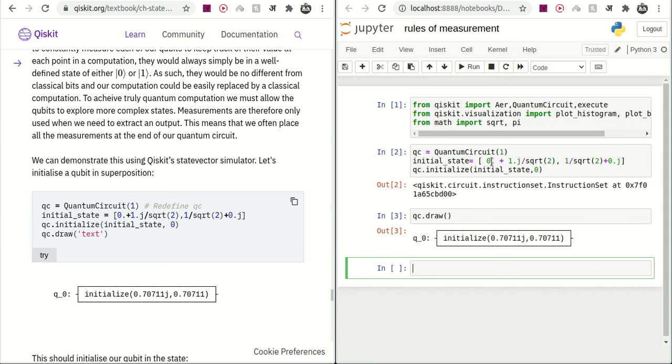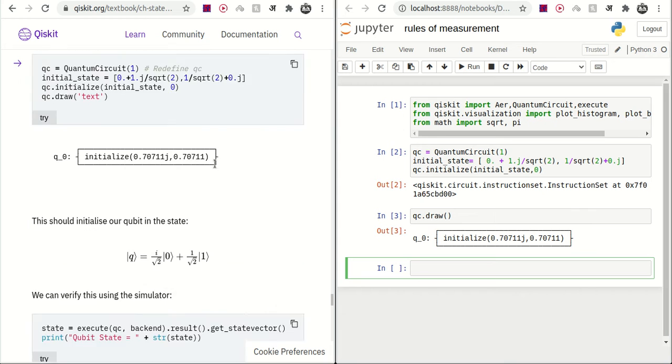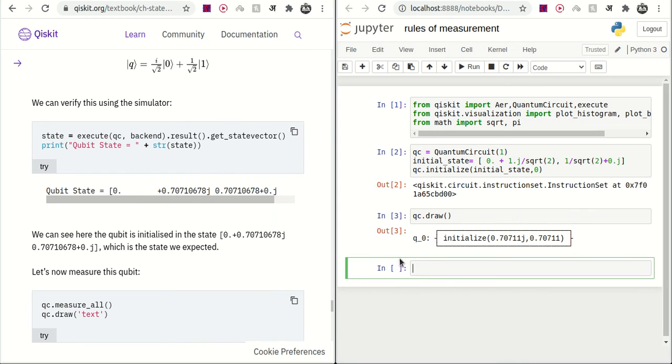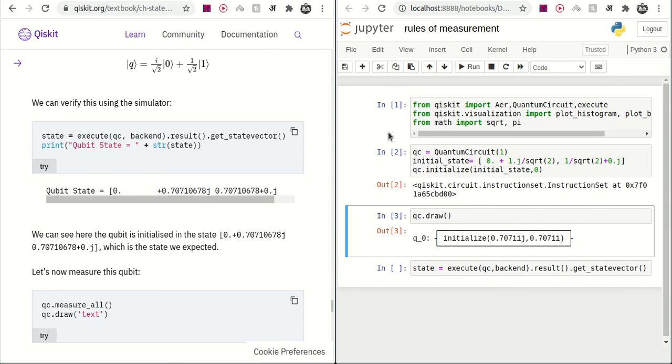That's perfectly normal. Now our state is ready. So now we measure it and get the post measurement state. State equals execute QC, backend. We have to define the backend, dot result, dot get state vector. What does this state vector give us? This gives us the post measurement state.